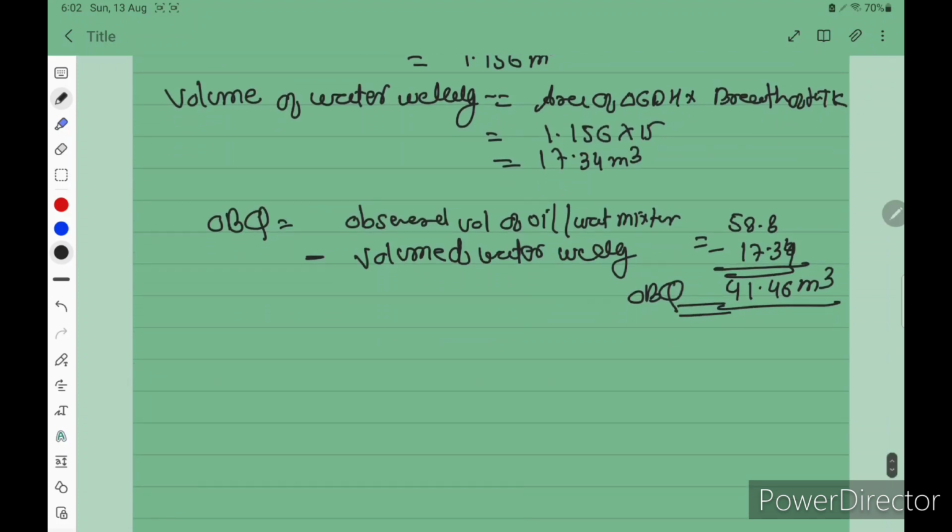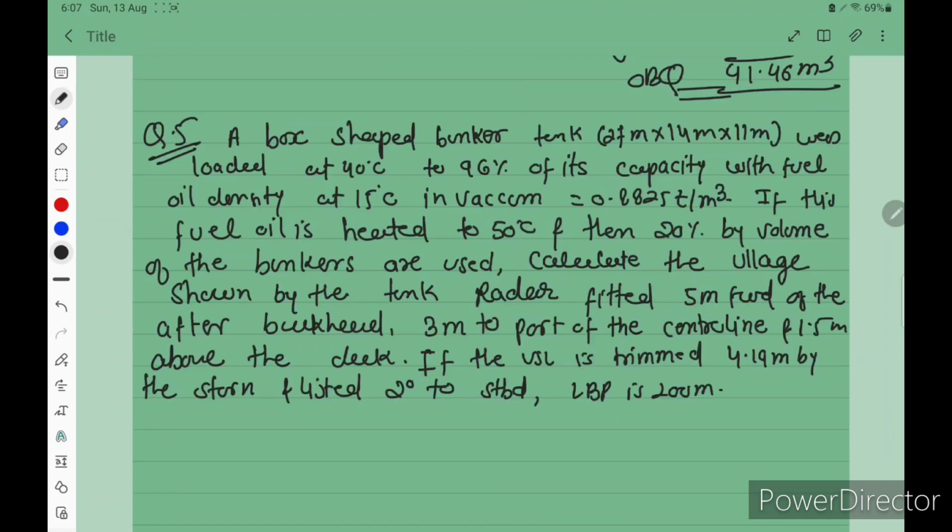Okay, so let's move to question number 5. Question number 5: a box-shaped bunker tank of dimensions 27 meter into 14 meter into 11 meter was loaded at 40 degrees temperature to 96% of its capacity, with fuel oil density at 15 degrees centigrade in vacuum of 0.8825 tons per meter cube.